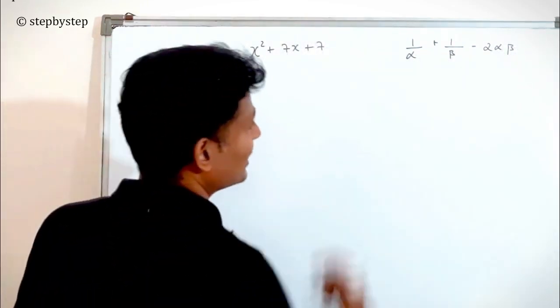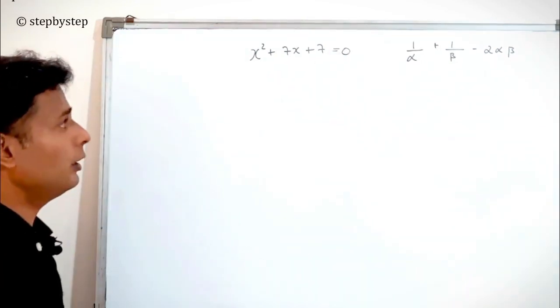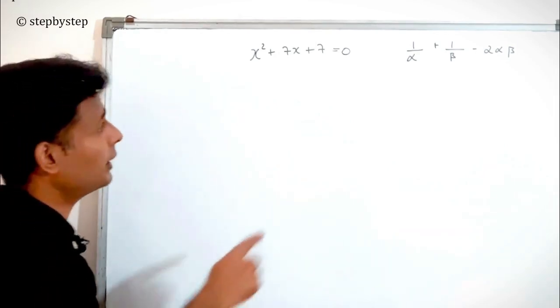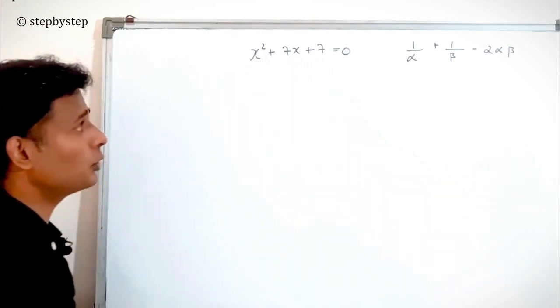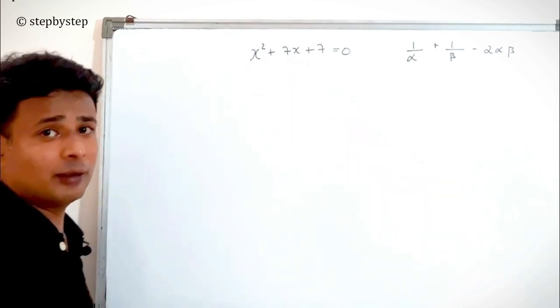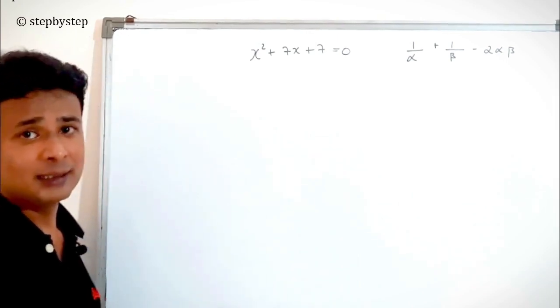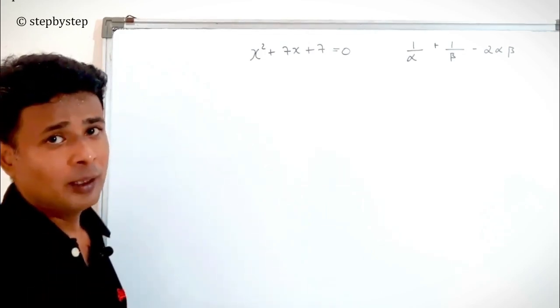So this is one zero, this is the other zero, which means we need to find the zeros first. Now, if you notice, if we try to use factorization method, it's going to be very complicated. Why? Because when we multiply, we should get 7, and when we add, we should get 7, which means we have to find two numbers which when we add also we get 7 and multiply also we get 7, which means the zeros will be in fraction form.